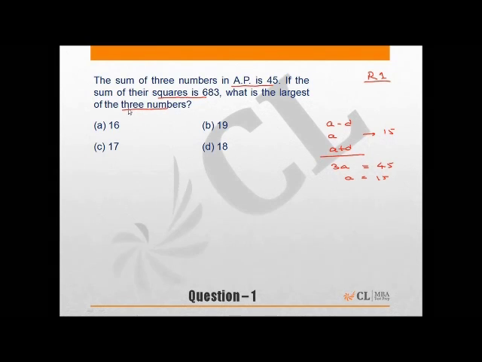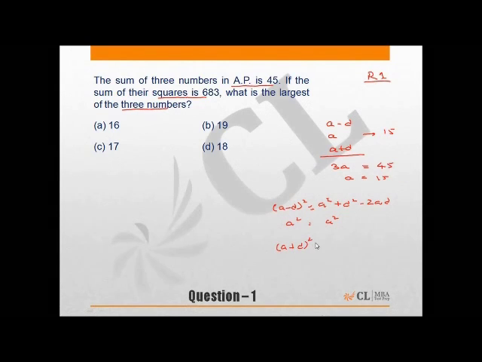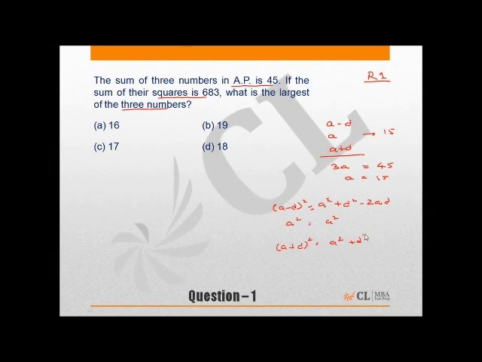The second condition is that the sum of squares is 683. So (A minus D) whole square will be A square plus D square minus 2AD. The middle term square will remain as A square only, and (A plus D) whole square will be A square plus D square plus 2AD.